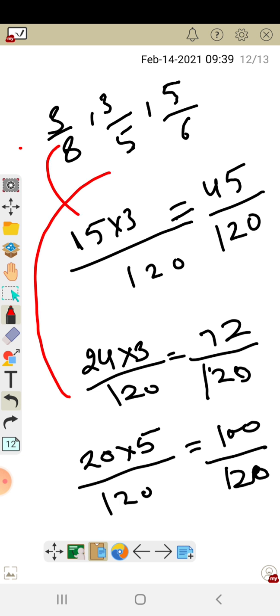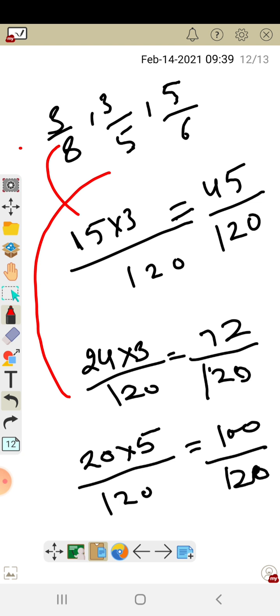For 3 by 5, 120 is the LCM, 120 divided by 5 gives 24, and 24 multiplied by 3 gives 72. Now the third one, 5 by 6: 120 divided by 6, the quotient is 20, and 20 multiplied by 5 gives 100 upon 120.